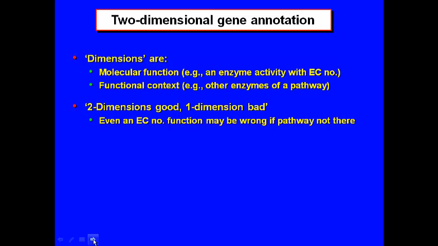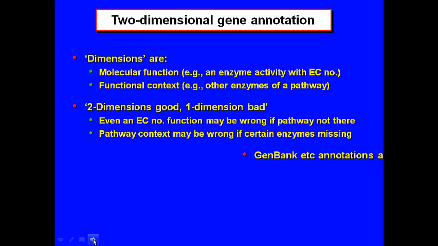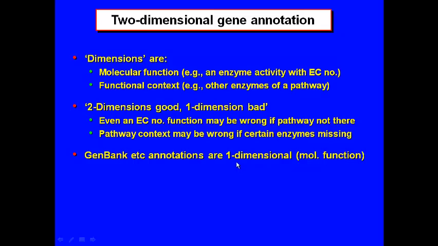And the pathway context can be wrong if some of its enzymes are missing. So remember, GenBank annotations are one-dimensional. They're just molecular function assigned in nearly all cases numerically by homology. Somebody dumps a bacterial genome in GenBank, you scan it for the closest homologs in some other organism and slap a name on it.